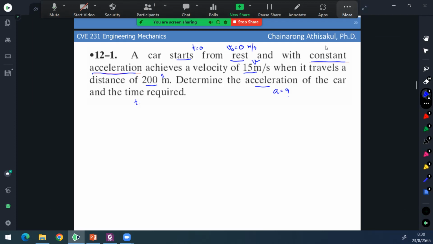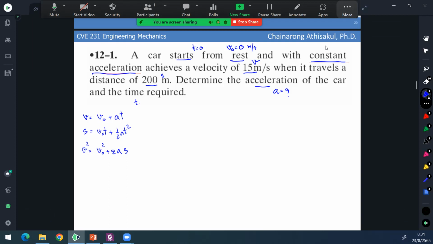From the three kinematics equations that we know, we have v equals v0 plus at, and s equals v0 t plus one half a t squared, and also v squared equals v0 squared plus 2a s, where s means s minus s0 for the case that s0 is equal to 0.